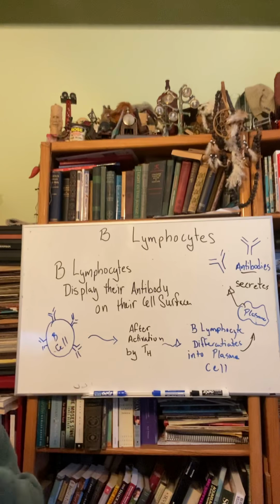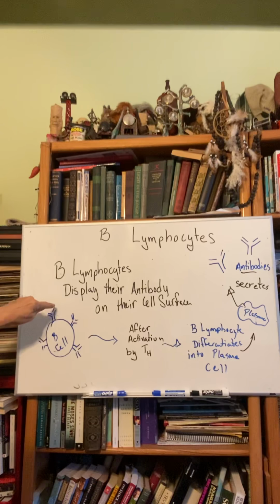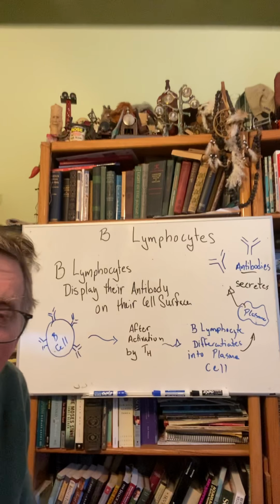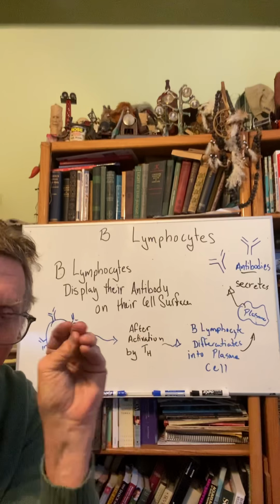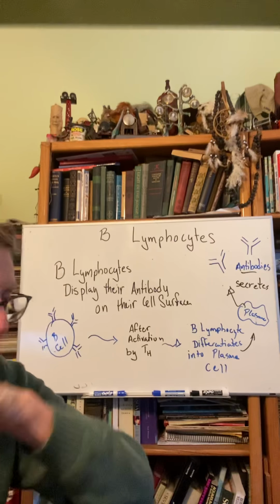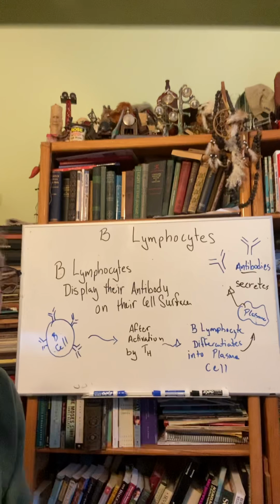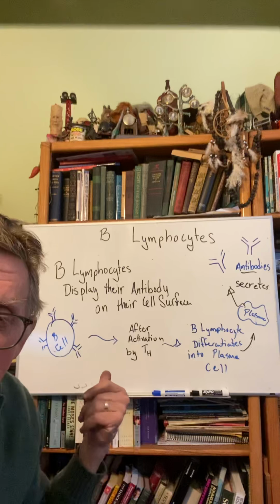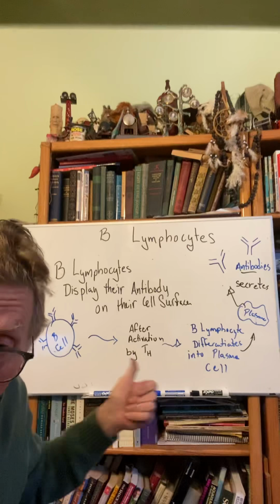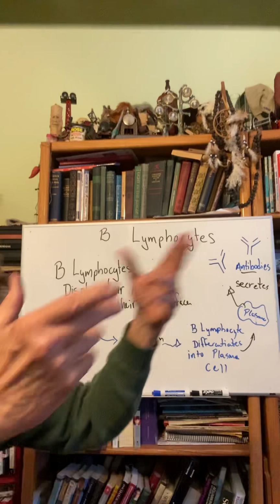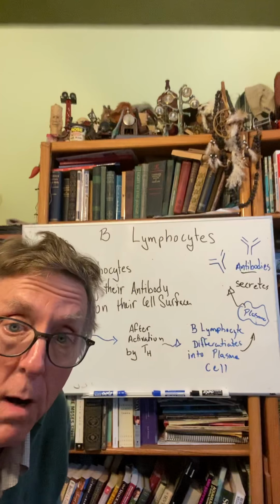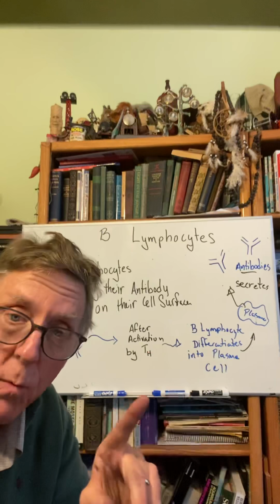Now, an antibody has these two ends that are the binding sites, and they are specific only for a specific antigen. And we have literally trillions of different kinds of B cells with different antibodies. And so the B cell is out there saying, this is what I'm specific for. This is what I can deal with.